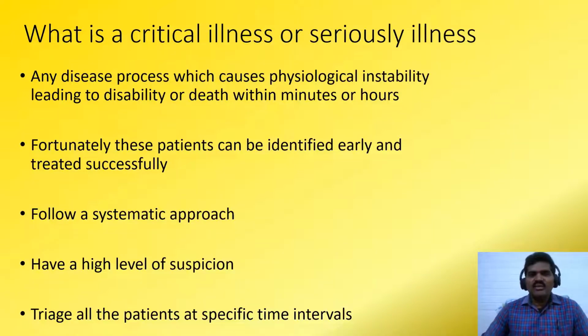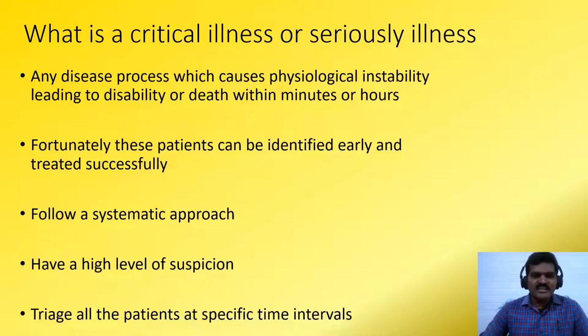Always have a high level of suspicion when the patient is presenting to you, especially during off hours. In the OPD, senior doctors will be available and they will know how to identify a sick patient just by sight. Most of the senior doctors can identify with experience, but especially if you are a junior doctor, you should have a high level of suspicion.